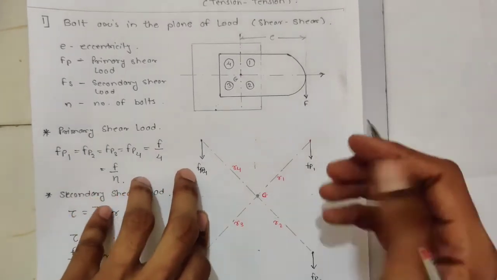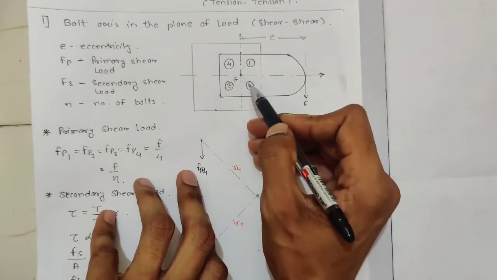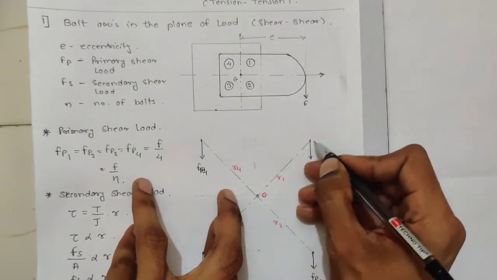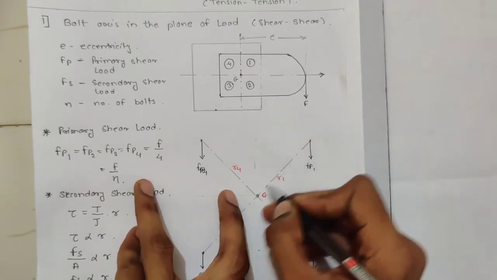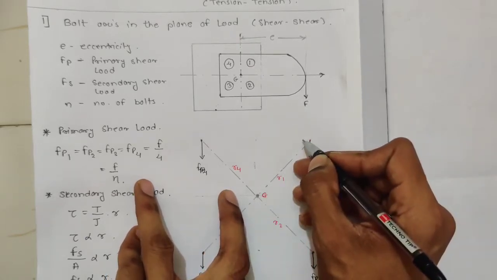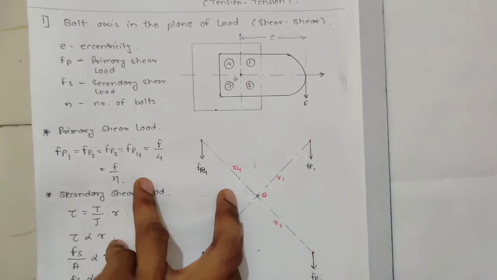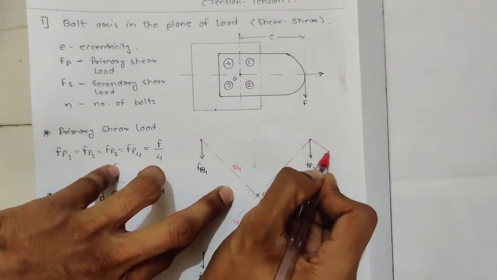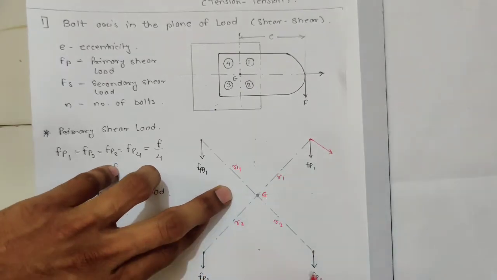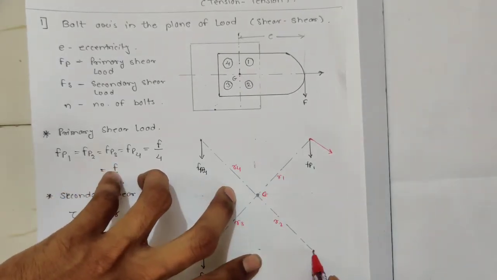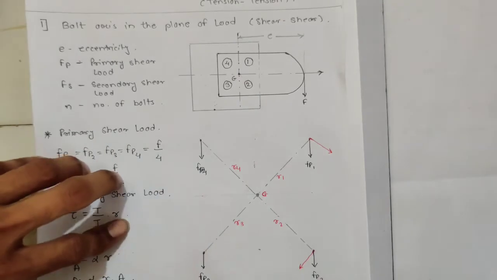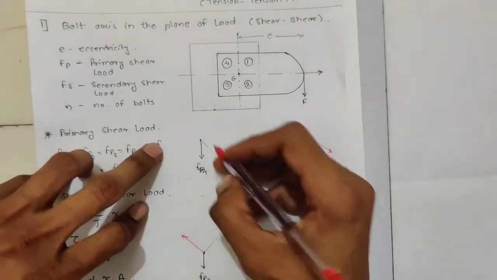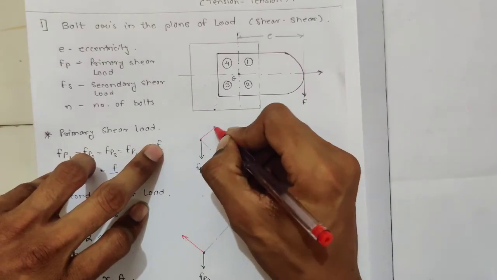Now how will it act on bolts 1, 2, 3 and 4? This is the radius, and it will act perpendicular to the radius and in the direction of the load. Perpendicular to the radius, in the direction of load, for each bolt.